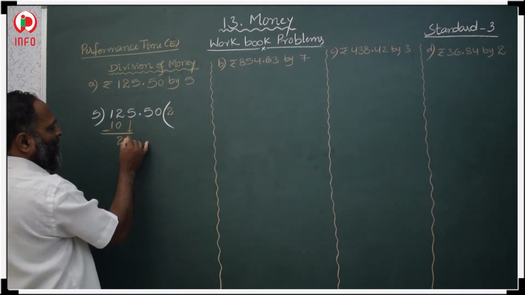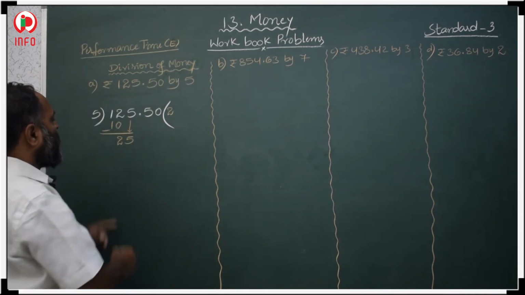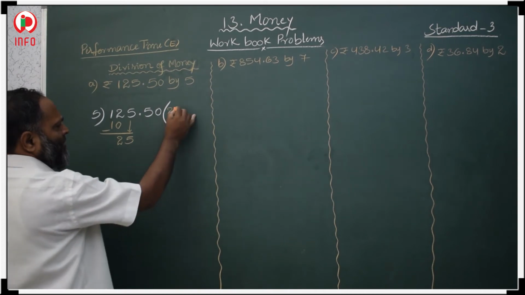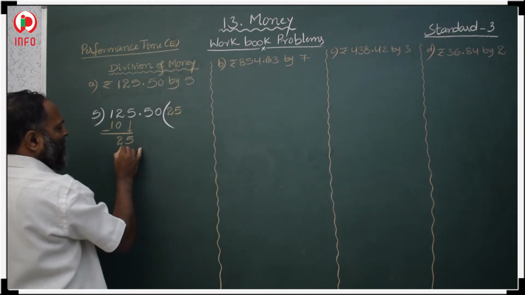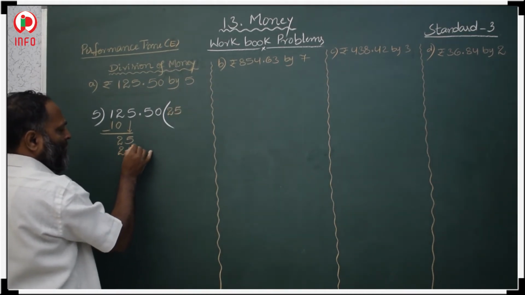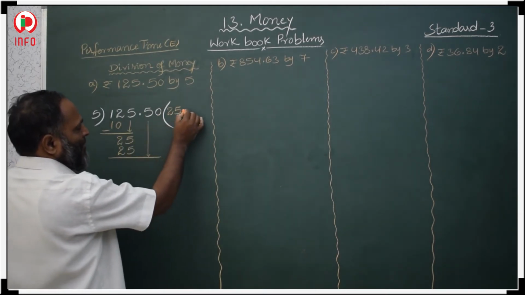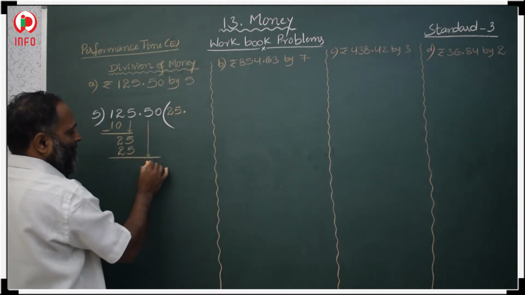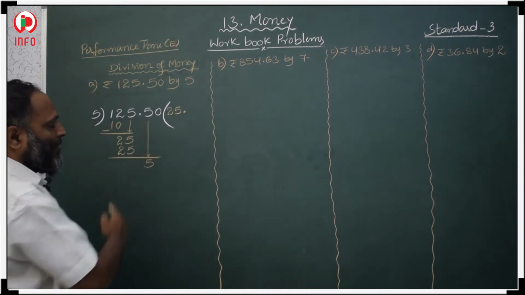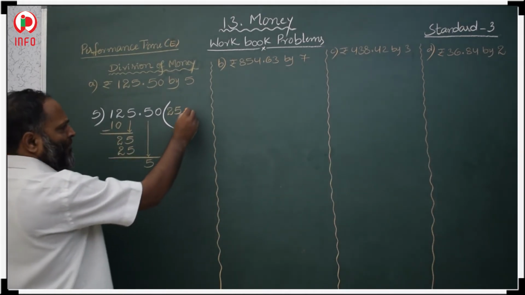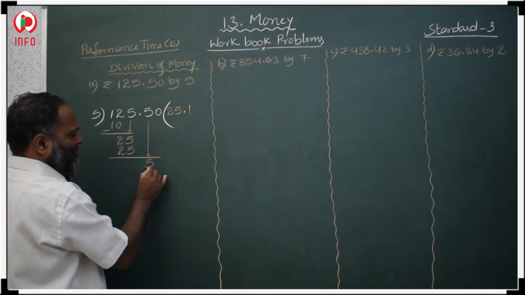Now you copy 5. When will you get 25 in 5? 5 5s are 25. Now after that copy the next. The decimal point means first you take the decimal and 5. In the 5 table when will you get 5? 5 1s are 5.